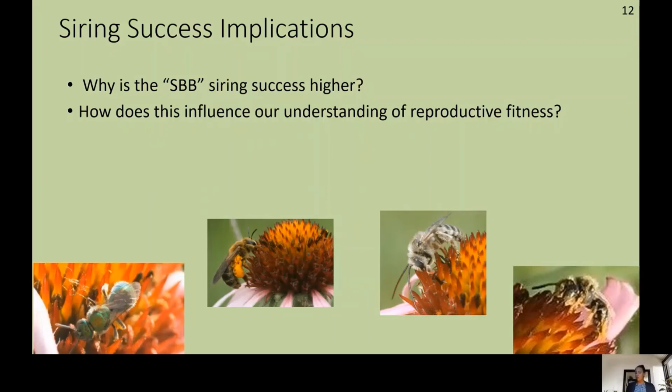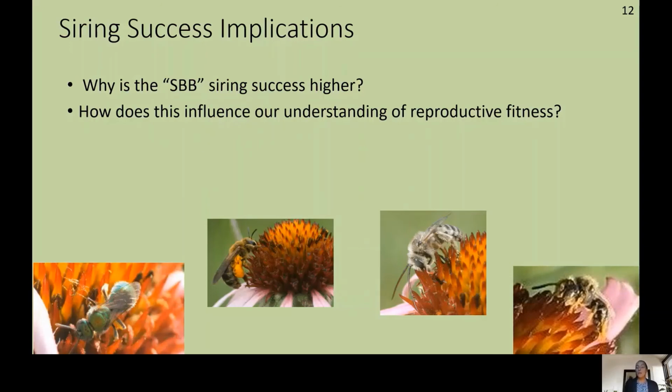However, one possible reason that the SBB siring success was higher is because, as their name suggests, the small black bees are small in body size compared to our other groups here, Halictus and Andrena, both of which are mid-sized bees. So perhaps by restricting pollinator visitation, we helped reduce interspecific competition for our SBBs.